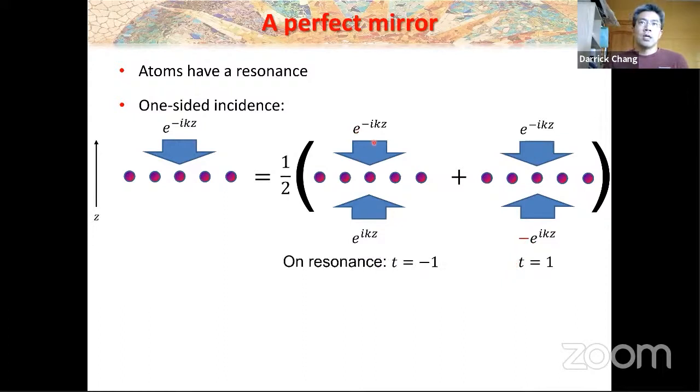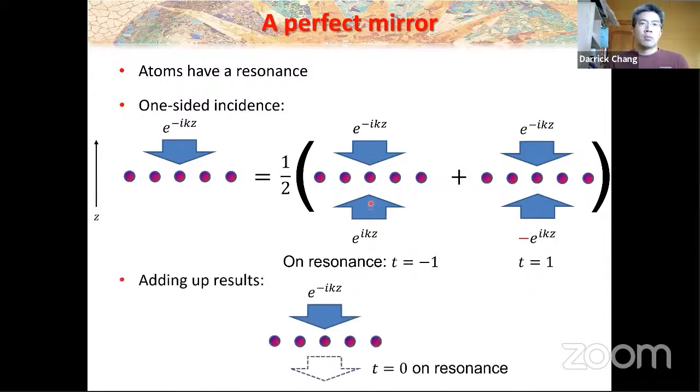If I consider the other case, now the fields constructively interfere in the plane of the atoms. But if the fields are on resonance, I argued before that generally the amplitude of the transmission coefficient has to be 1, because the photons can't disappear, nor can they scatter into random directions. But then, on resonance, something has to happen. And it turns out that the atoms impart a pi phase shift to each of the individual plane waves.